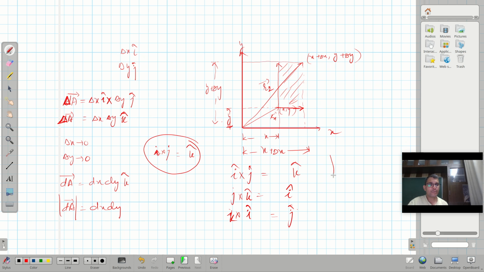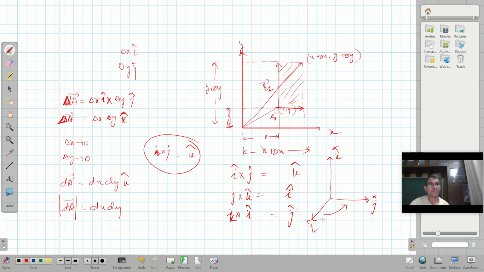So let us have a look at how this can be remembered. Say i cap is along this direction, this is j cap, and say this is k cap. So I am moving in a right-handed coordinate system.